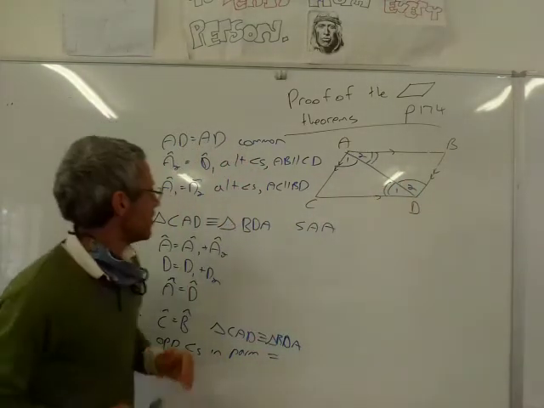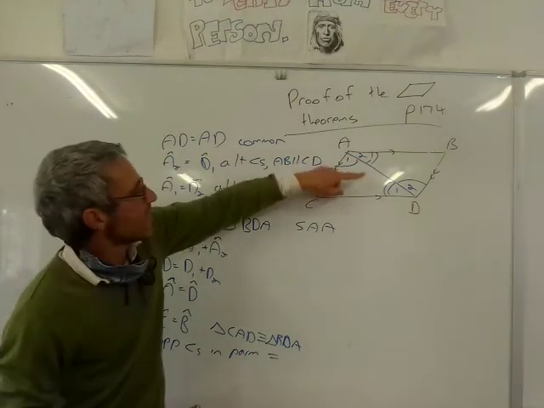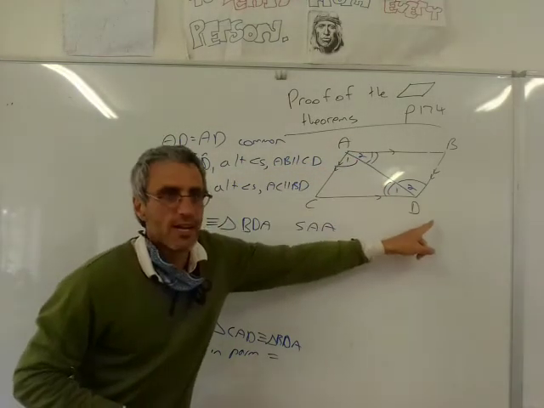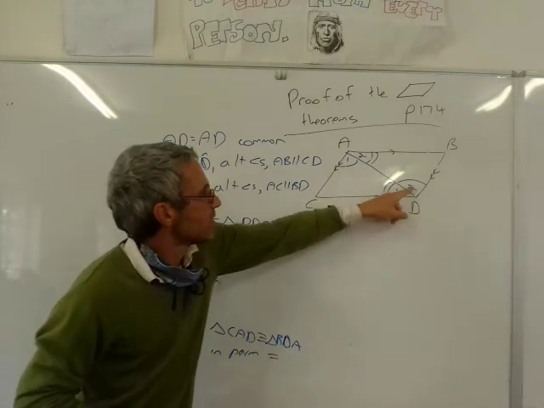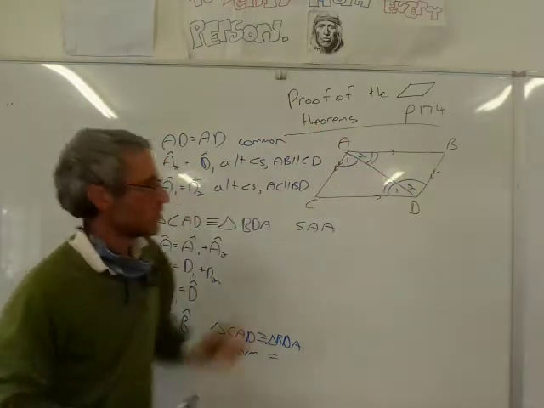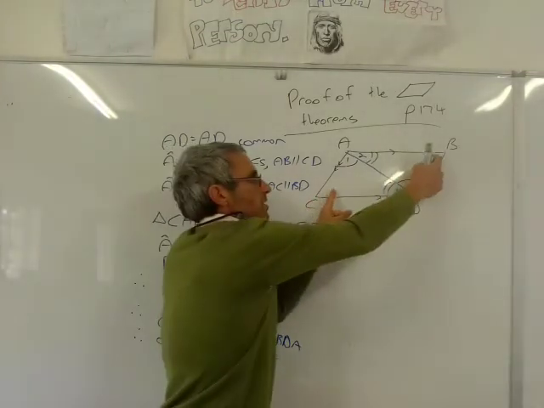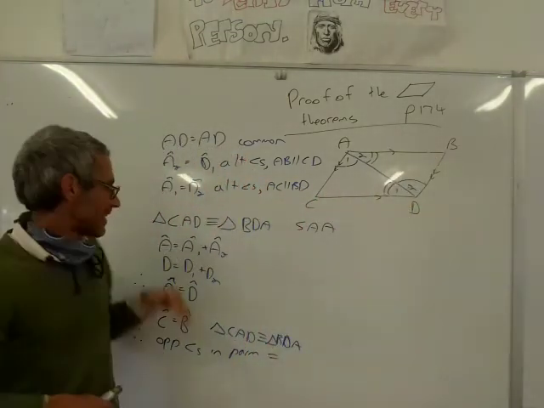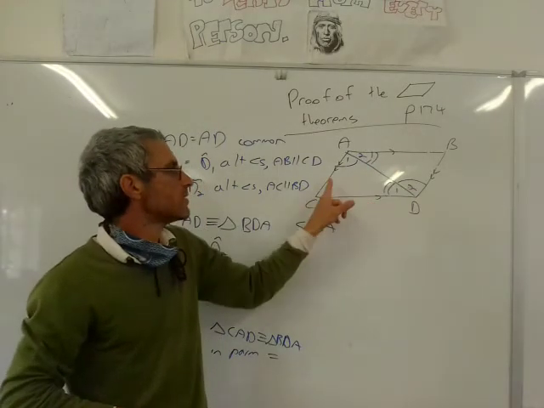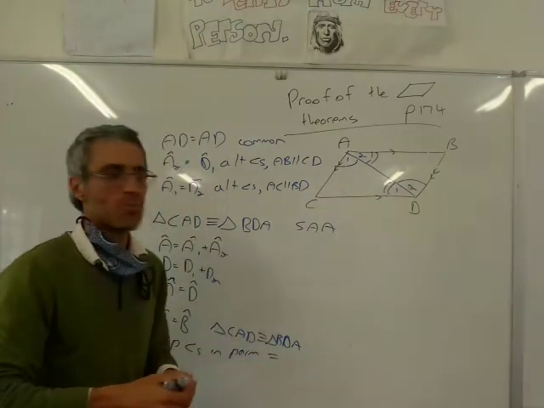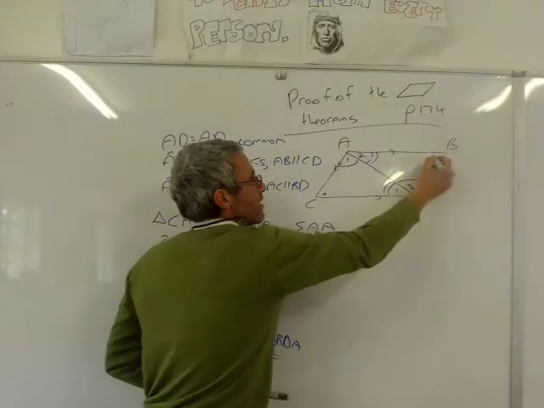So by drawing this diagonal, and saying that this angle is equal to that, that is equal to that, then I realize that that is equal to that. But now I still need to show that these two angles are equal. And that's why I have to show the congruency. When I know that these two triangles are congruent, then these two angles are also going to be equal. But now I'm not really finished.